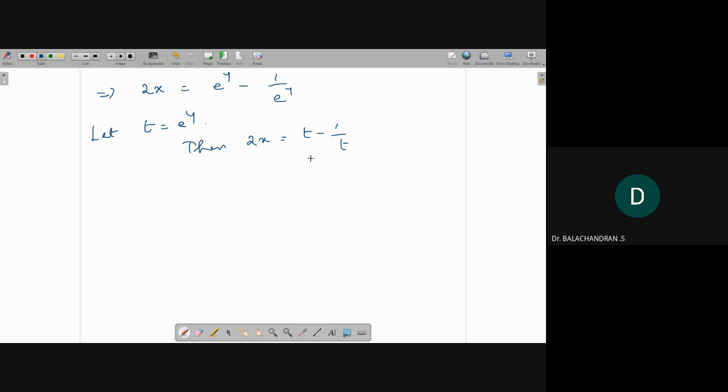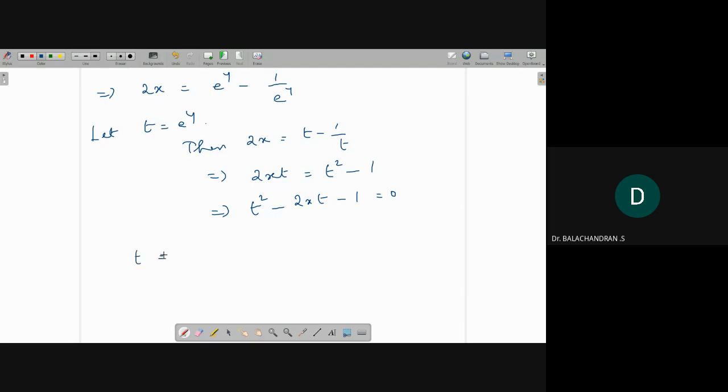Now multiply throughout by t, you get 2xt equal to t squared minus 1, or otherwise t squared minus 2xt minus 1 equal to 0, which is a quadratic equation in t. So I'm going to solve for t.